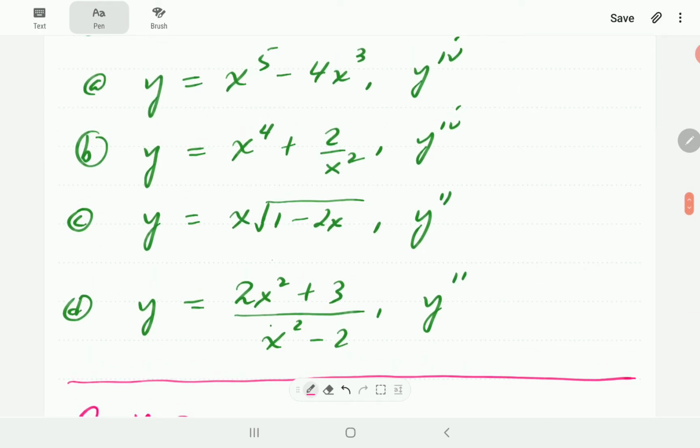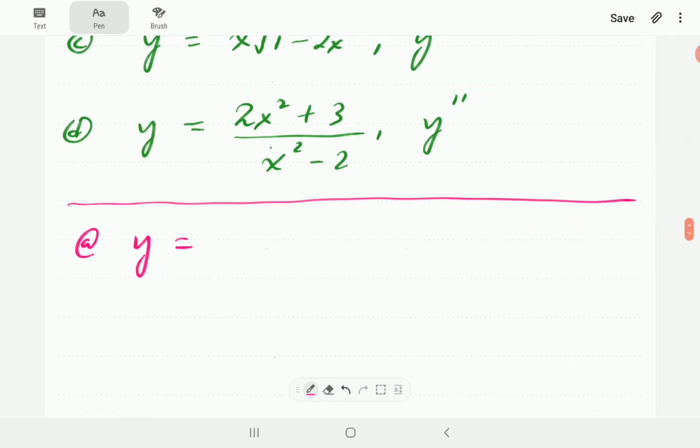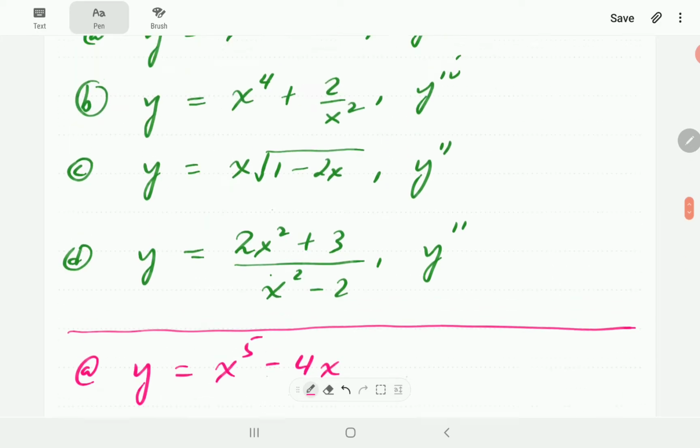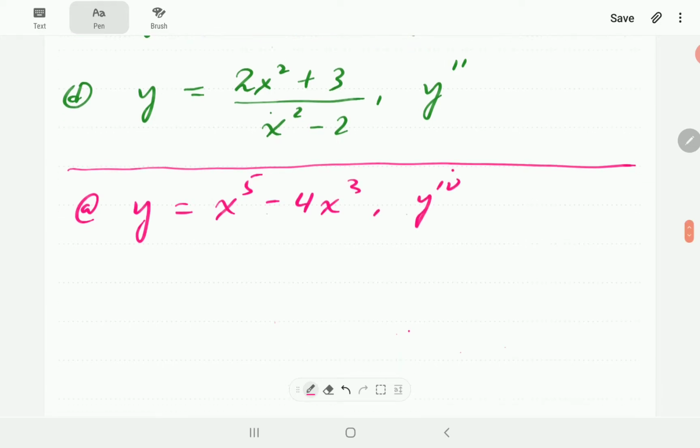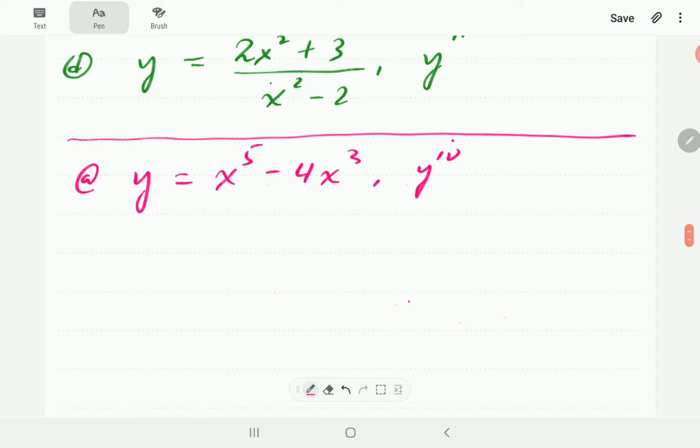These just involve differentiating repeatedly until we get to the order of differentiation required. Here we're going to differentiate 4 times. These are powers of x, so straightforward really.